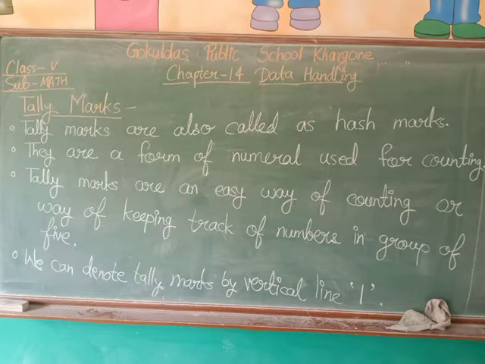Tally marks are an easy way of counting or way of keeping track of numbers in group of 5. Next point. We can denote tally marks by vertical line and the symbol is written on the board. The symbol is like a small letter L.